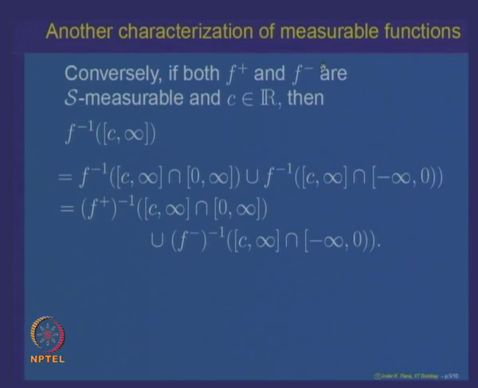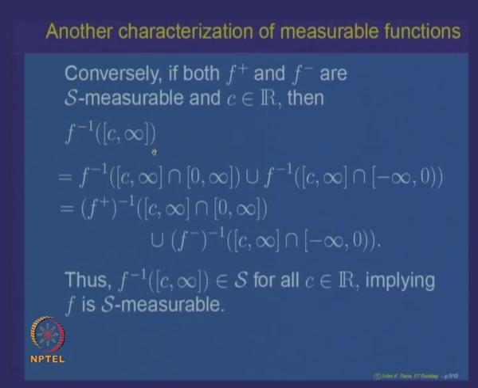Since both f plus and f minus are measurable functions, these two sets, the f plus inverse image of that interval and the f minus inverse image of that interval, are both sets in the sigma algebra S. So, their union is also in the sigma algebra S. So, that means f inverse of c to infinity is in the sigma algebra for every c belonging to R, and that proves that f is a measurable function.